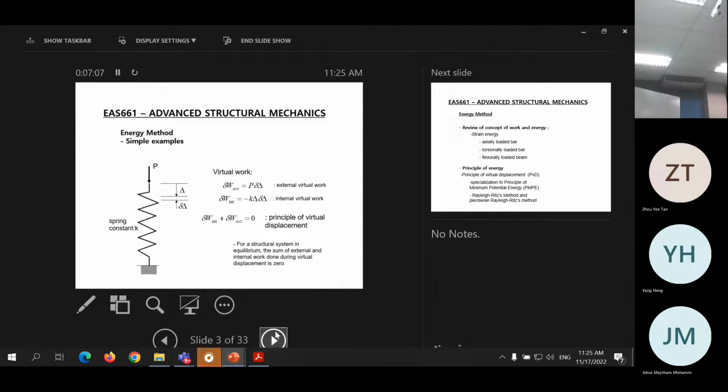Another way is to use the principle of virtual displacement to define equilibrium. So this is the statement of equilibrium. If you substitute this and that here, you are going to get the solution for delta, from the equilibrium equations.